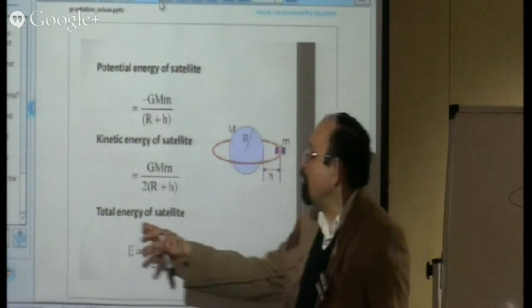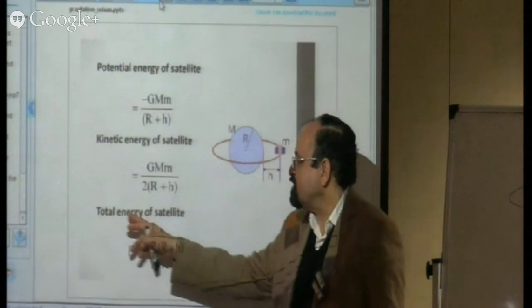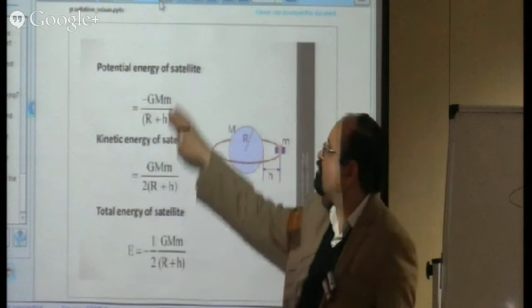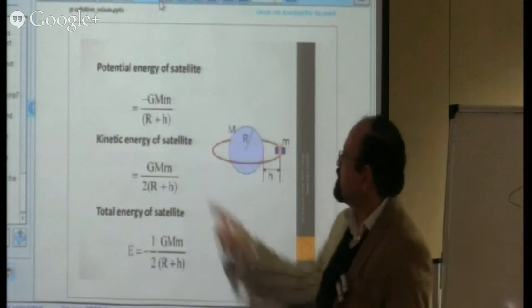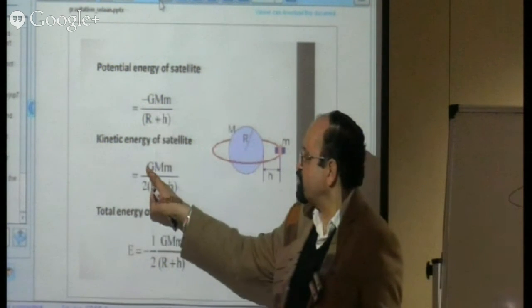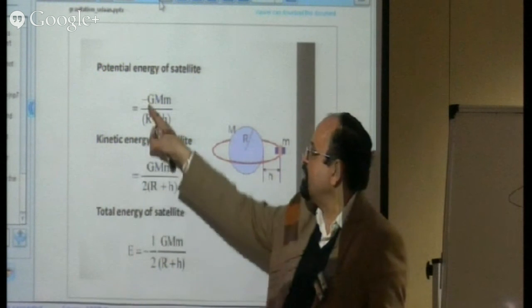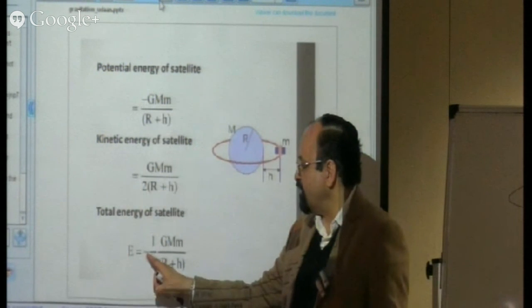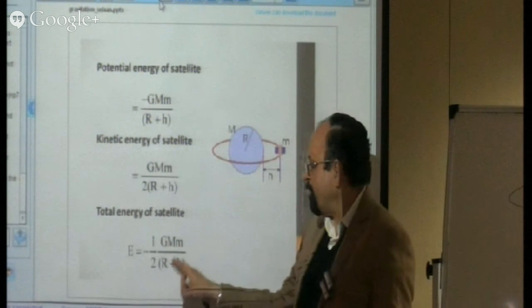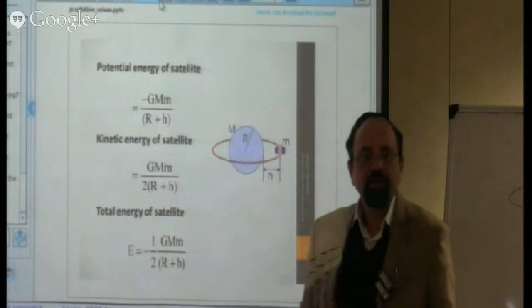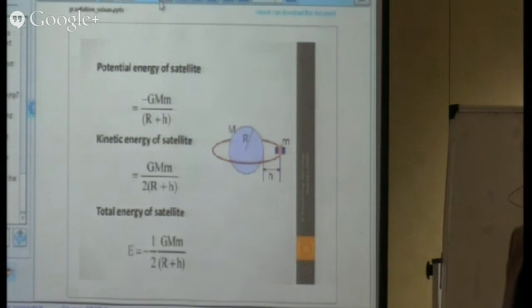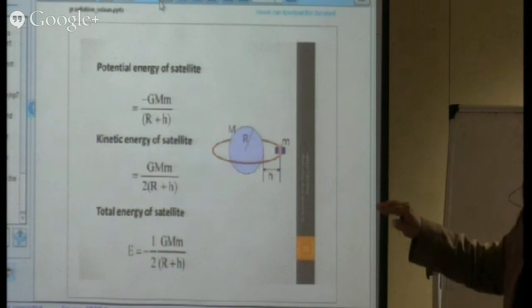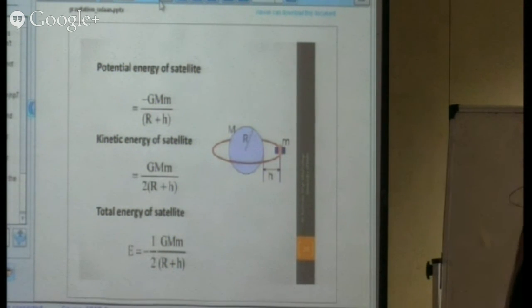And what is the total mechanical energy? You don't take it as a total energy. It's total mechanical energy, which is the sum of the two, that means the potential energy and kinetic energy. This is negative. This is positive, but a factor of half is there. So finally, we get this negative sign with a half factor, GMm by r plus h. In your IIT competition, they are asking many times a relation between the total energy and, say, the kinetic energy.